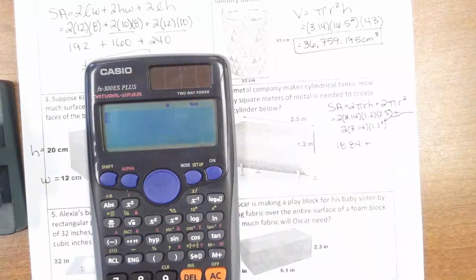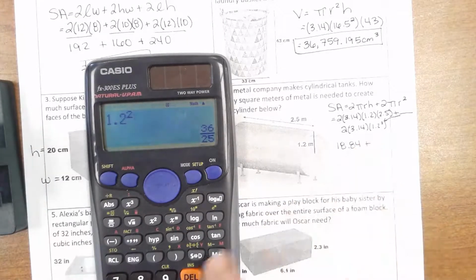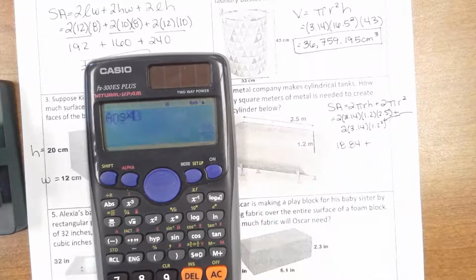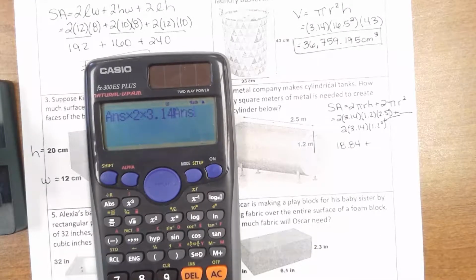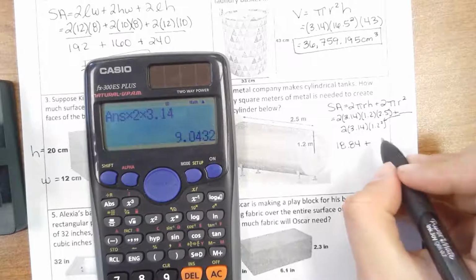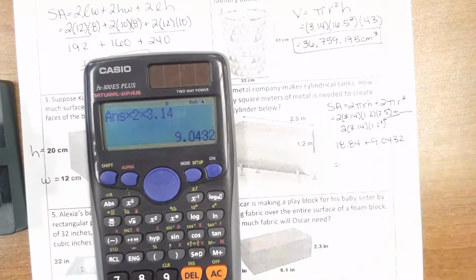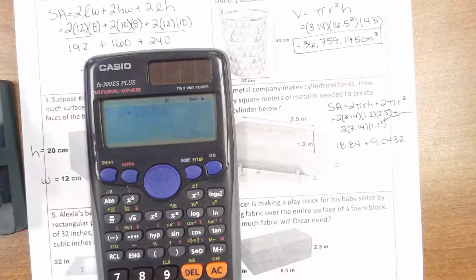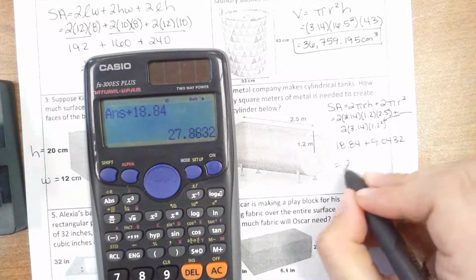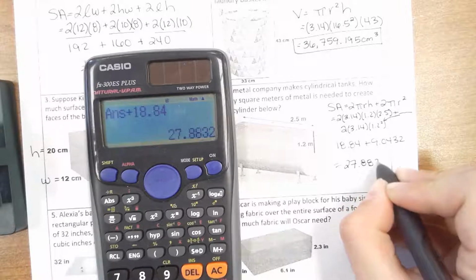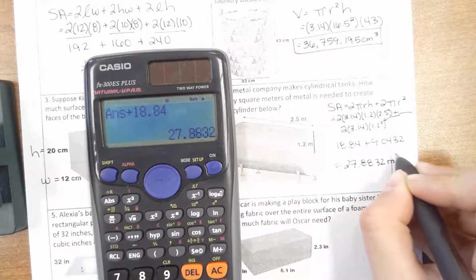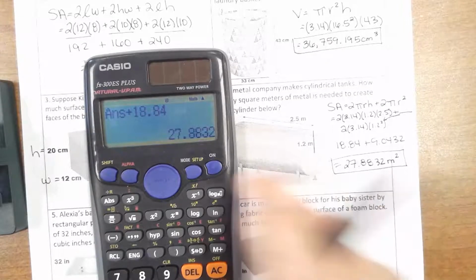So we have 1.2 squared. And then we're going to take that times 2 times 3.14, and that gives us 9.0432. And then the last step is to add those two numbers together, and we get 27.8832 meters squared because it's surface area.